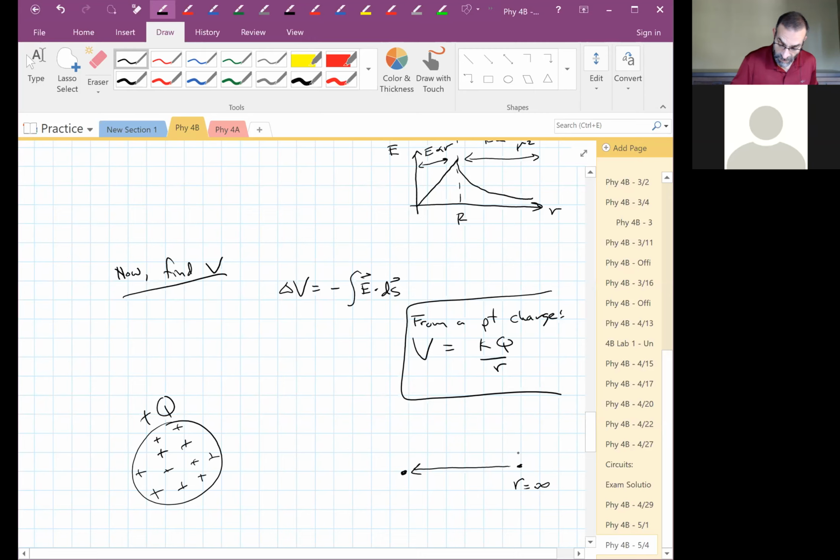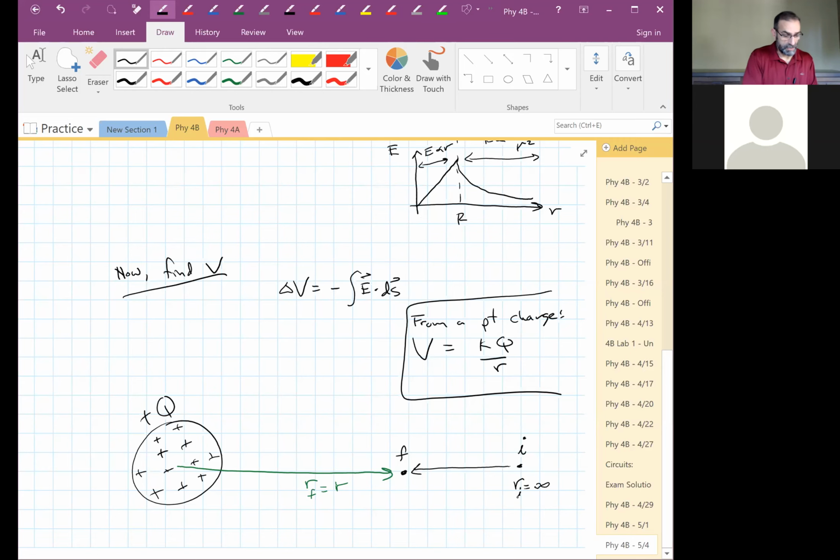We're going from an initial place to a final place. And this is just R. So R final is just any arbitrary R, and R initial is infinity. We're starting at infinity, and we're moving in just to any arbitrary R around our charge distribution.